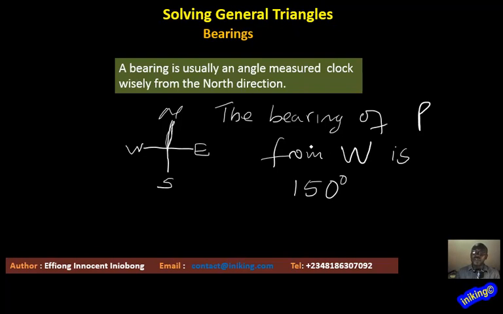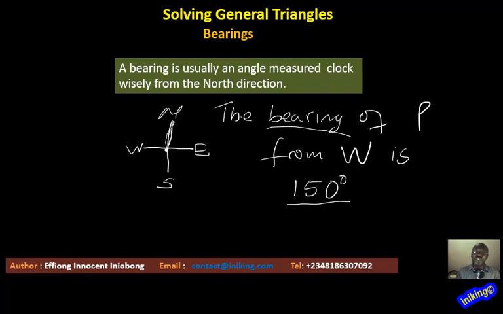If you look at this sentence here, the bearing of P from W, you can change this bearing to the direction of P from W, meaning that right now you are at a place labeled W and you want to set out to locate P, and you are told, take the bearing as 150 degrees. How do you interpret this?